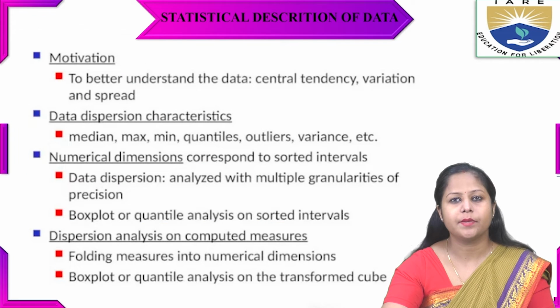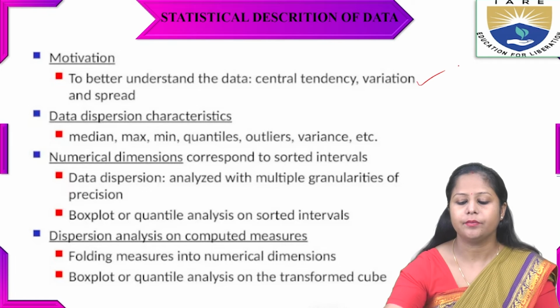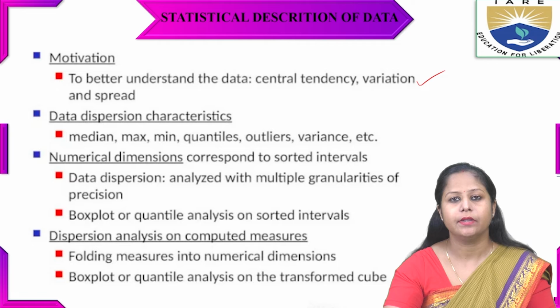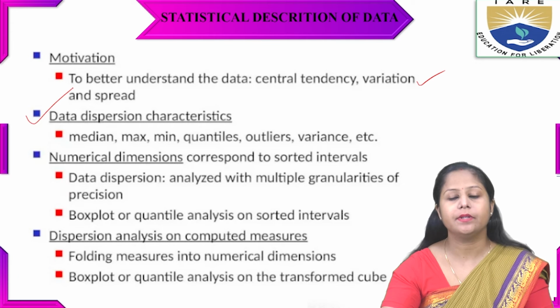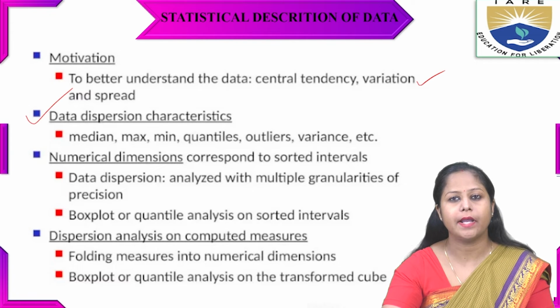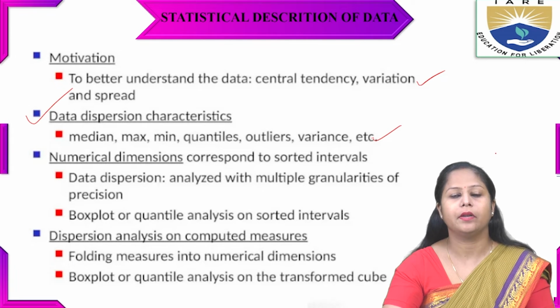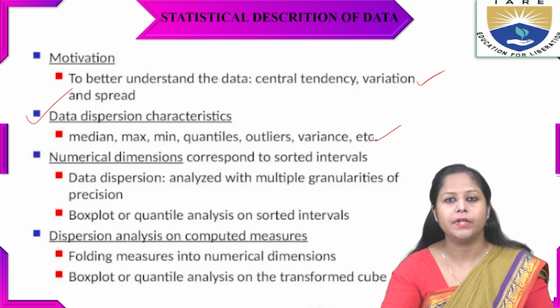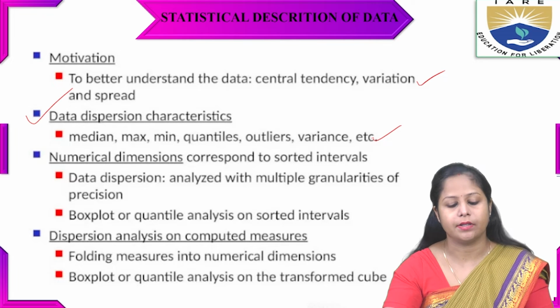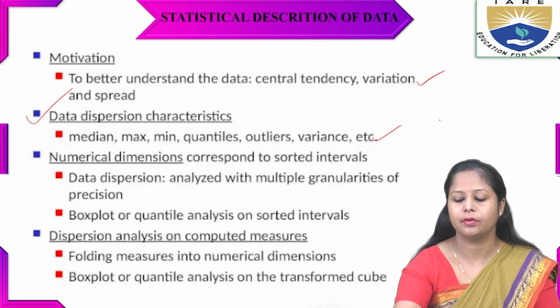A statistical description of data. What is the motivation behind that? To better understand the data, we have some measures: central tendency, variation and spread. The data dispersion characteristics are like median, max, minimum, quantiles, outliers, and variance. These are measures to understand how the data is ordered.